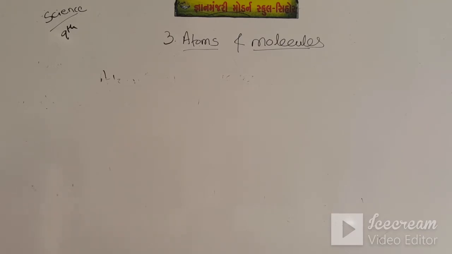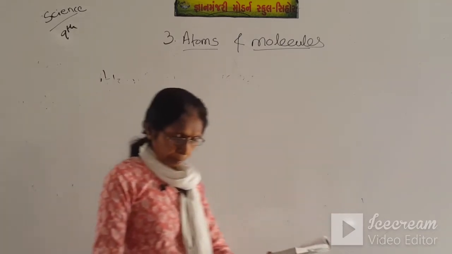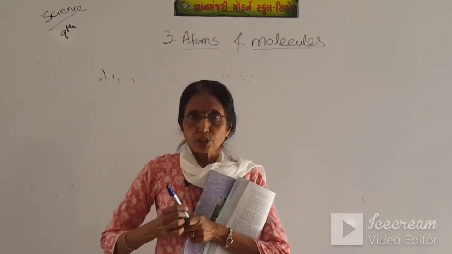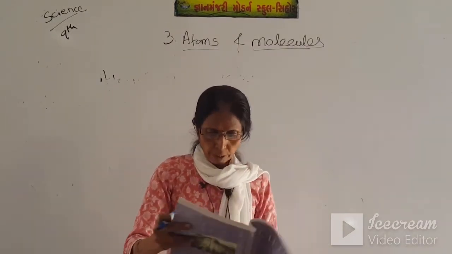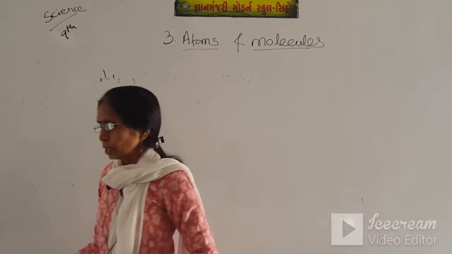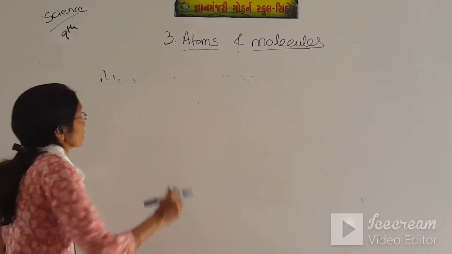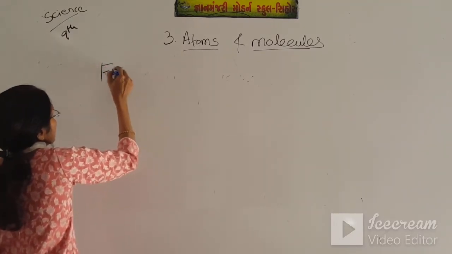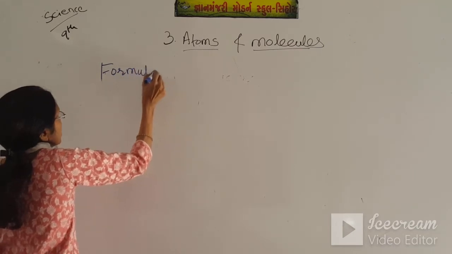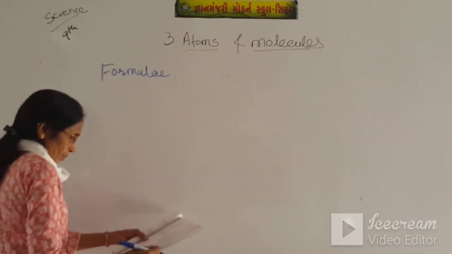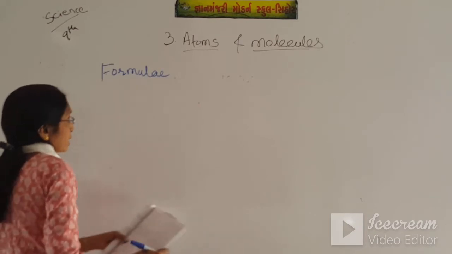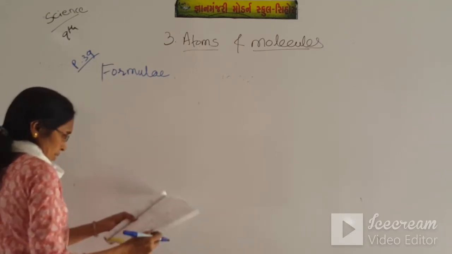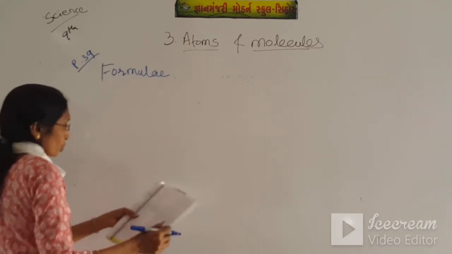Now students, one more thing, take out page number 39 from your textbook. We will solve some questions given here. Write down the formulae. Page 39, students. First of all, it is given sodium oxide.